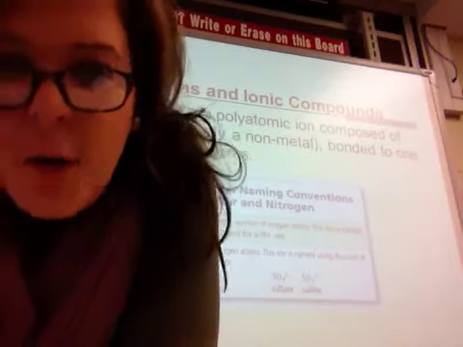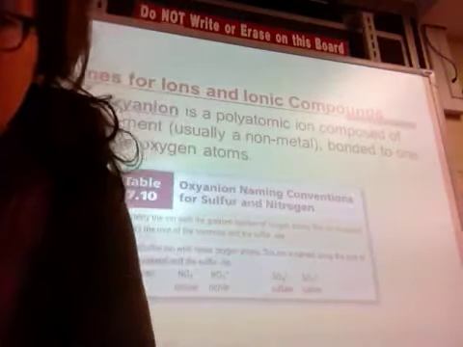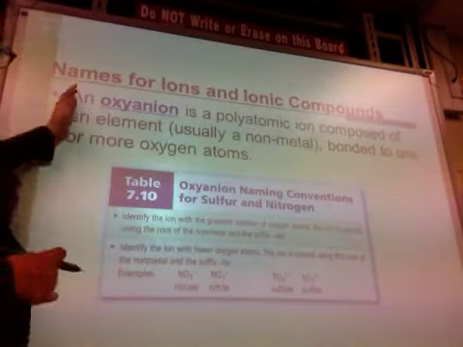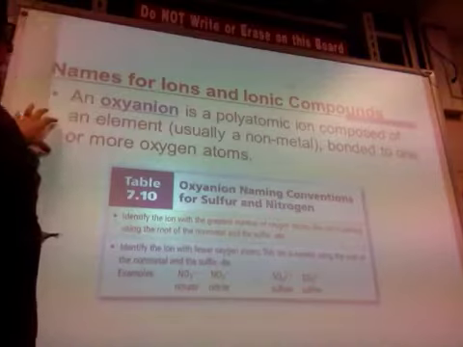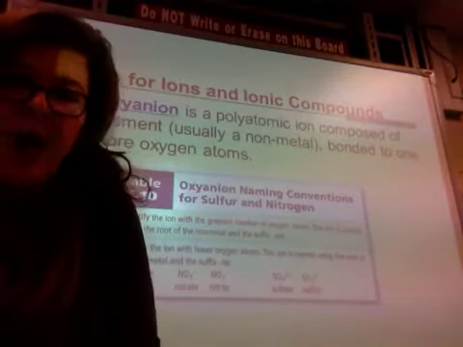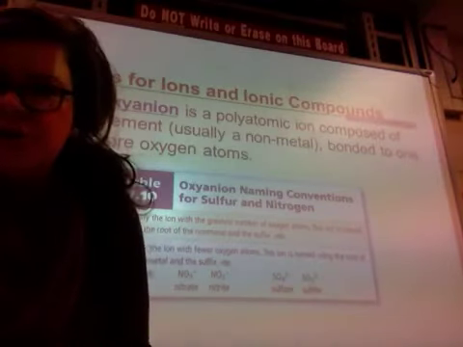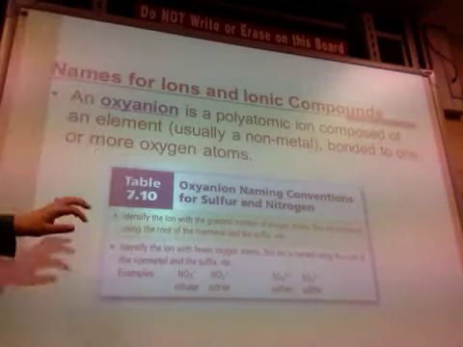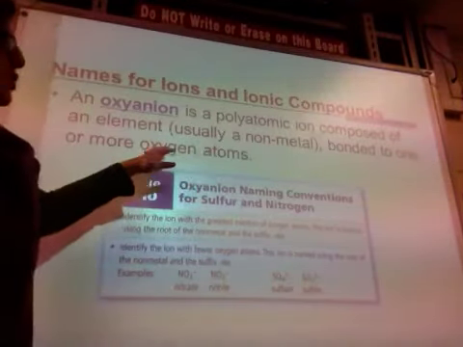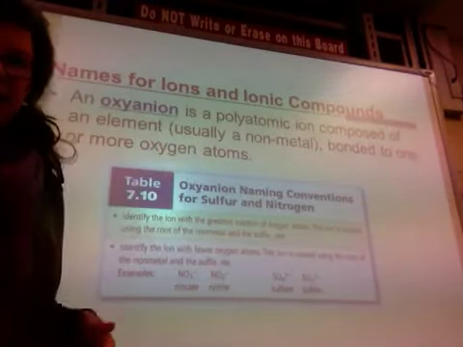If it helps you to remember, these are called oxyanions. All that means is it's a polyatomic ion where there's an element, typically a nonmetal, bonded to an oxygen or several oxygens.